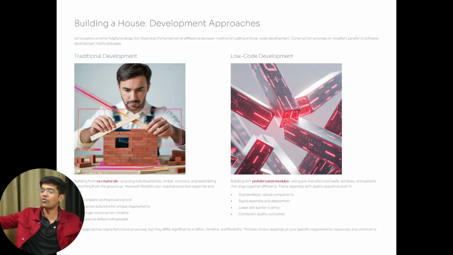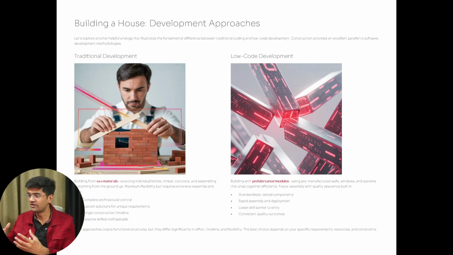But in the low code approach, we standardize the approaches, we use pre-manufactured walls, windows and systems and snap them together efficiently, so it gives faster assembly with quality assurance built in, correct? So low code development is faster than the traditional approach. It is more scalable, we can also say. It is more productive.